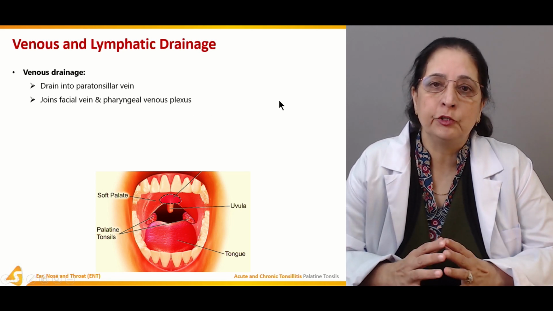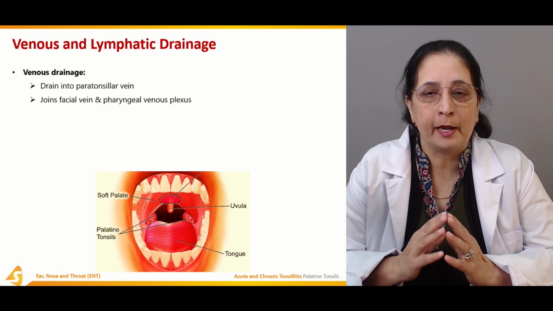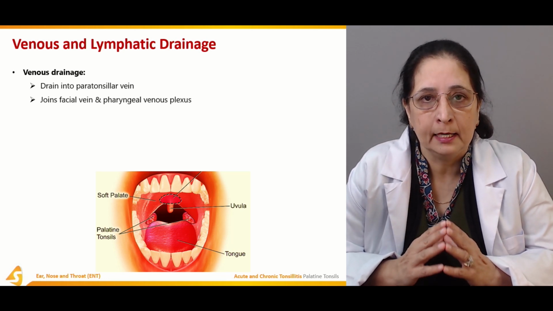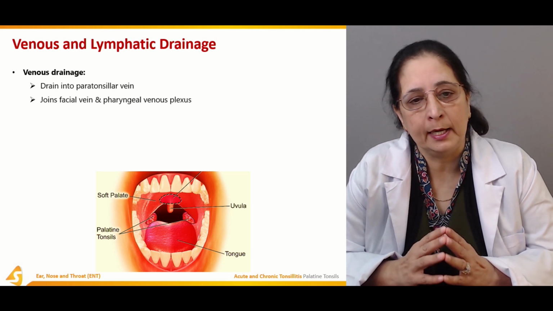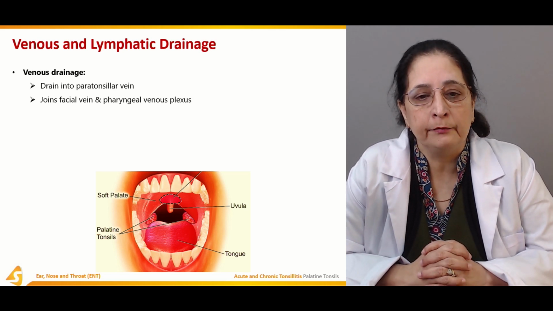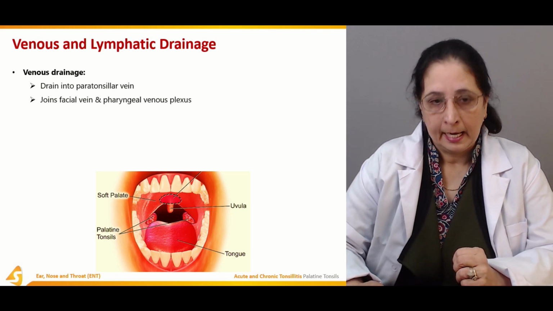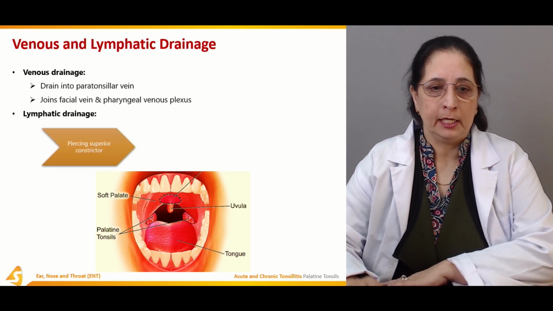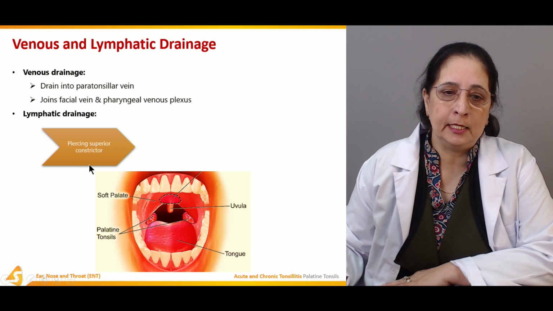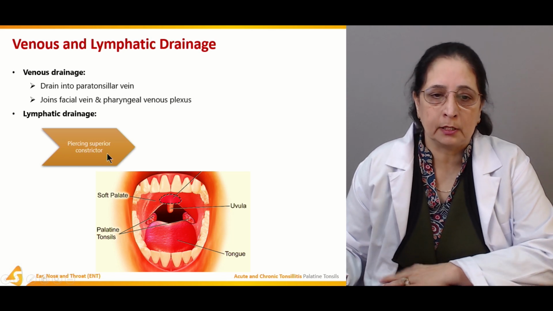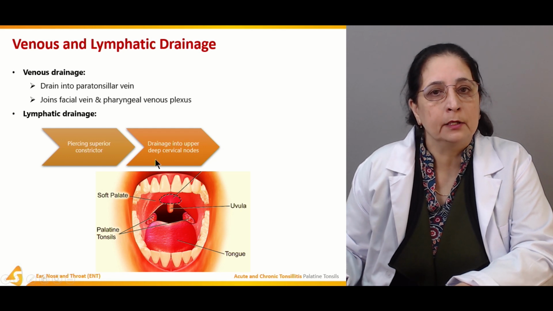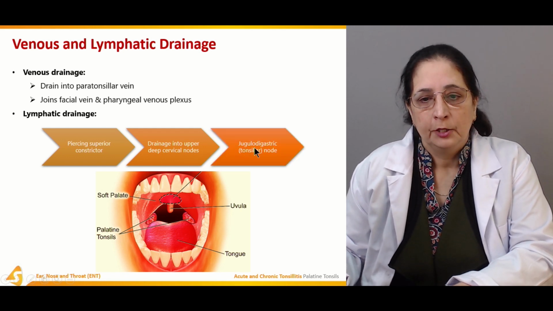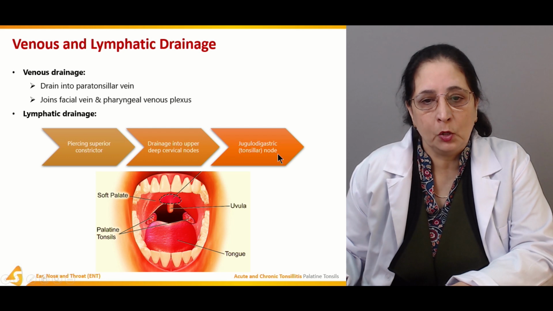And the lymphatic drainage, after piercing the superior constrictor muscle, drains into the upper deep cervical nodes, the jugulodigastric nodes.